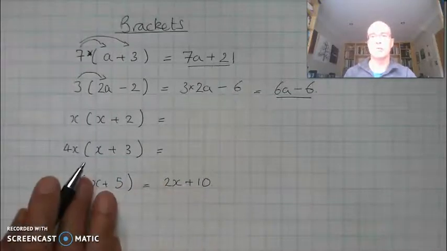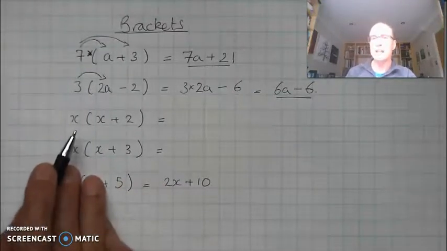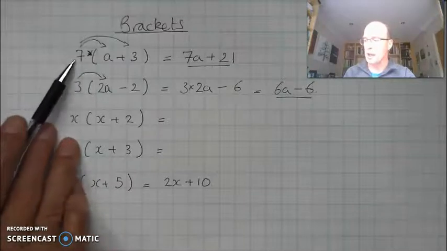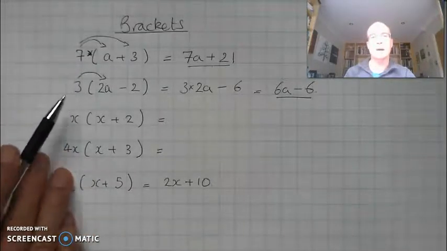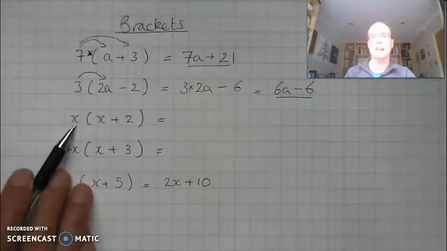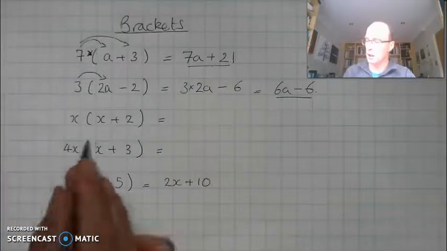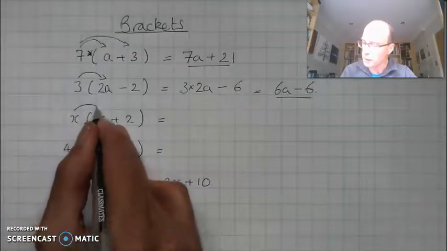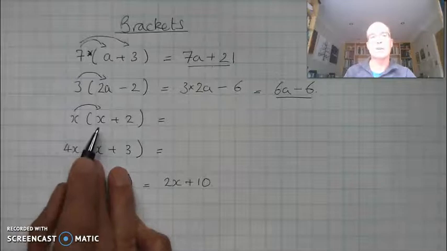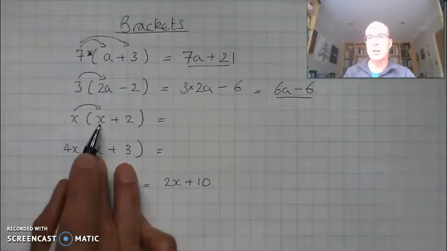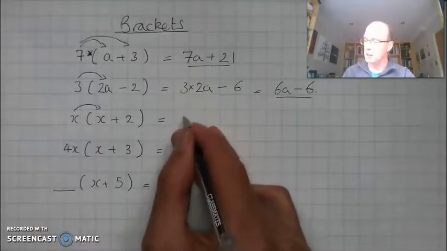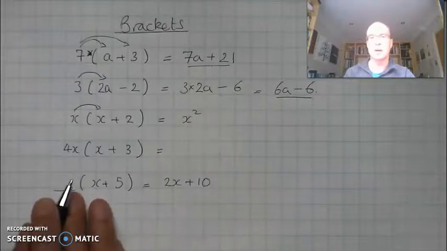First two questions. Third one's getting a little bit trickier again, because this time, rather than having a number outside my bracket, I've got a variable. I've got an x. I'm going to do the same thing. I'm going to multiply my x by my first term in the bracket. So x times x is x squared.